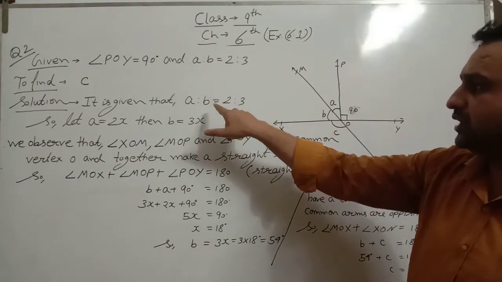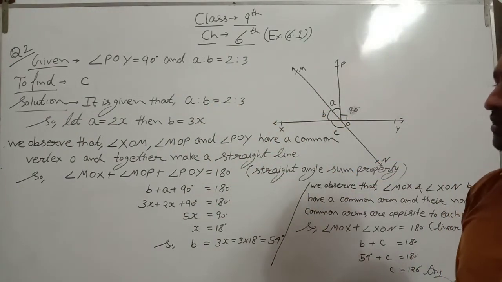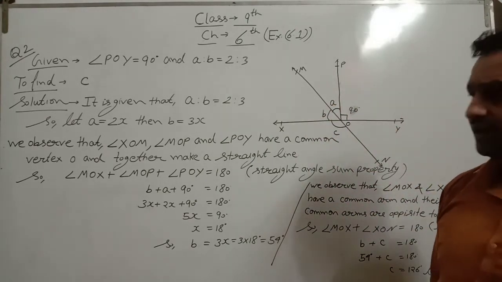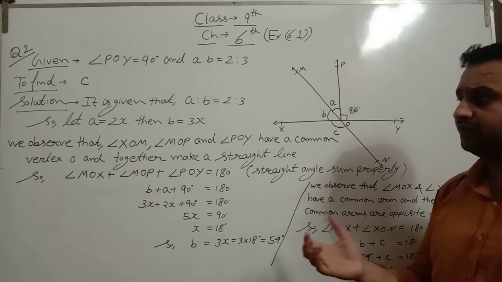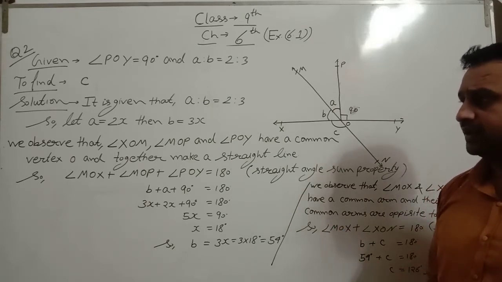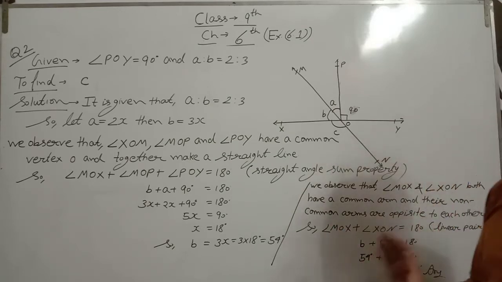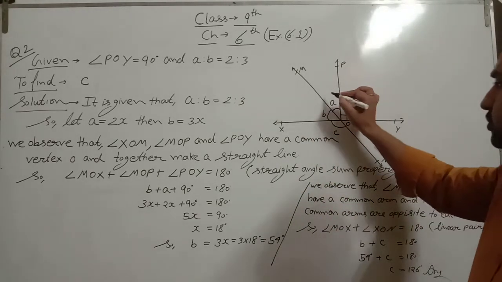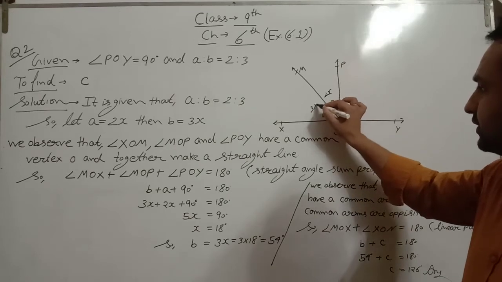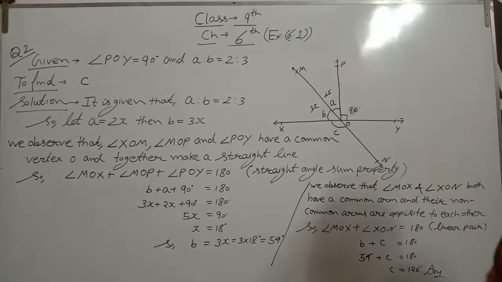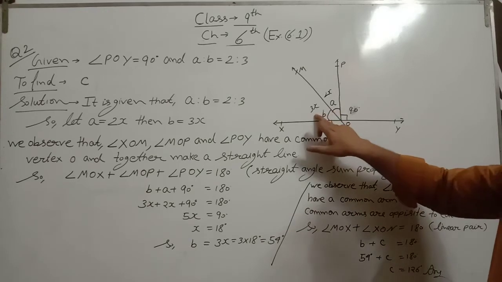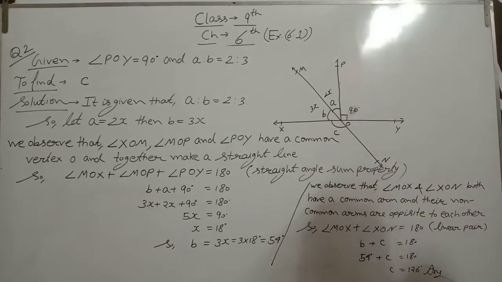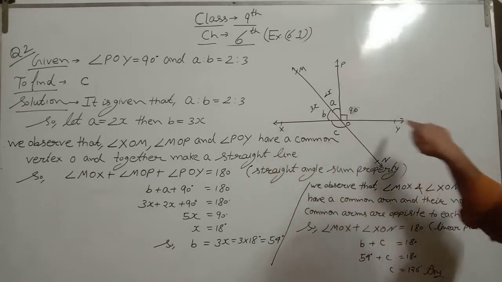Obviously it is given that A/B equals 2/3, so we let A equal 2x and B equal 3x. We know that if we remove the ratio, then we use a variable, maybe x, y, z, etc. It's your choice. So A is 2x and B is 3x. Now we observe that these three angles have a common vertex O and together make a straight line.